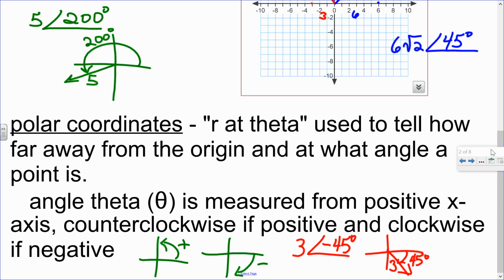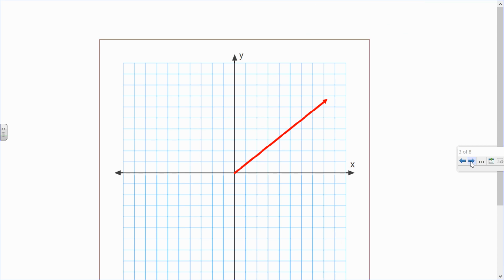So let's start to review how we go back and forth between the 2 types of coordinates. So here is a vector. I purposely have drawn this one so that it does not end at a lattice point, so we can't just look at it and count boxes.